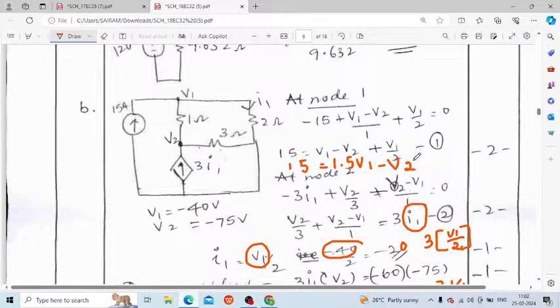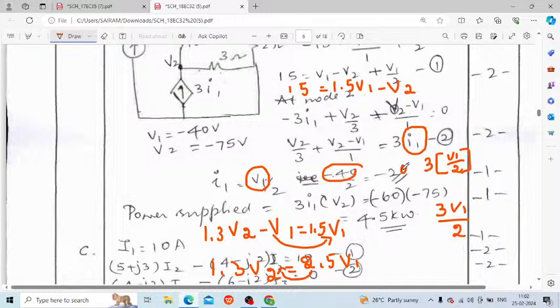The second equation is, just a minute, I will take my calculator so that I can prove it to you all. Yes, students, please wait for a minute. Here my second equation is 1.3 V2 minus 2.5 V1 which is equal to 0, right?